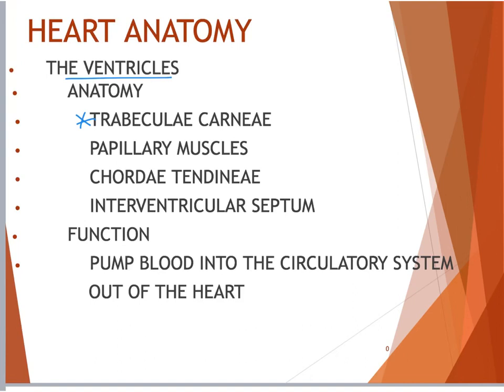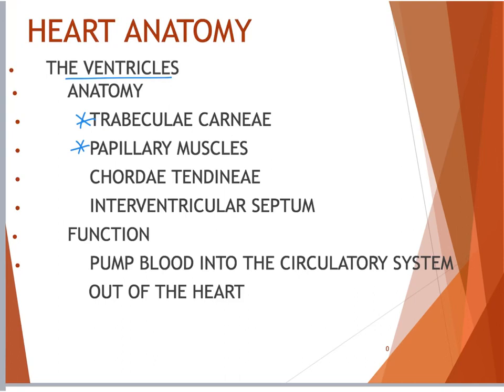So what anatomical features do we see with ventricles? All right, we see what are called trabeculae carneae. Trabeculae carneae are the large irregular ridges of muscles on the internal surface of the ventricles, okay? Now they're going to rise up, smooth out, and they're going to become papillary muscles.